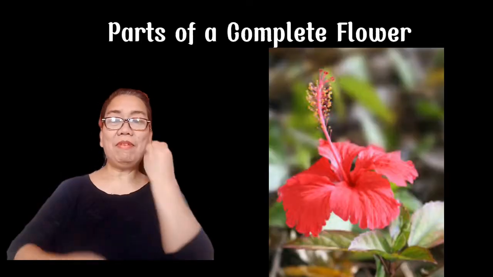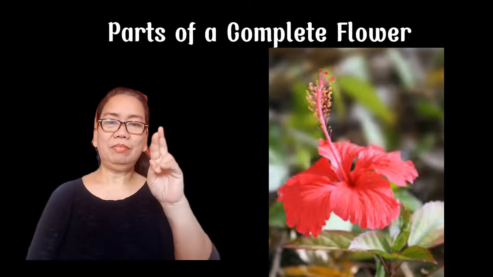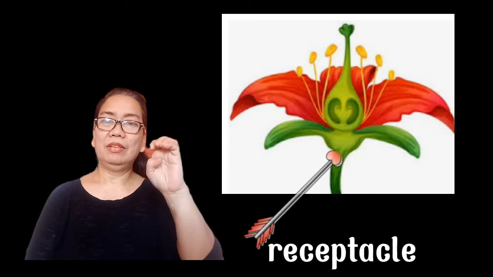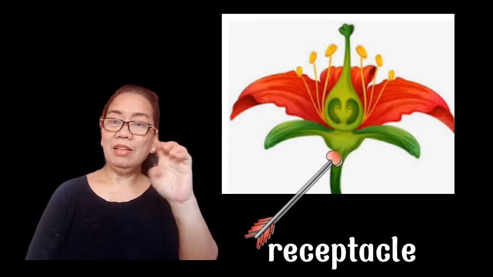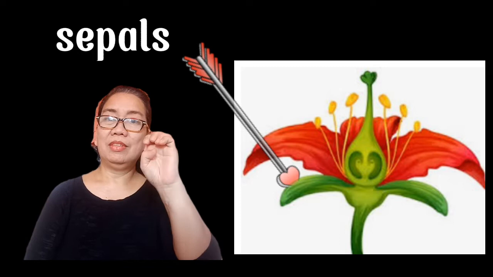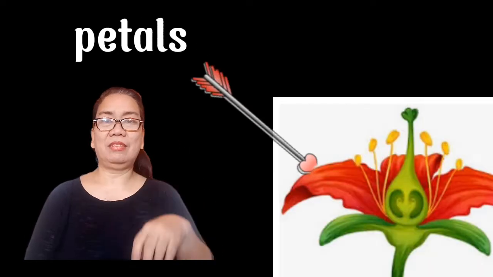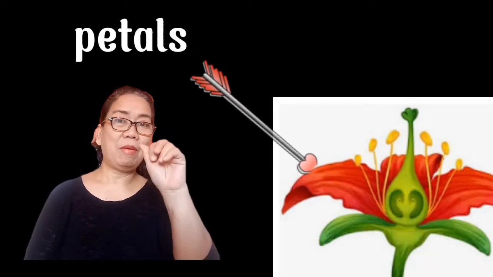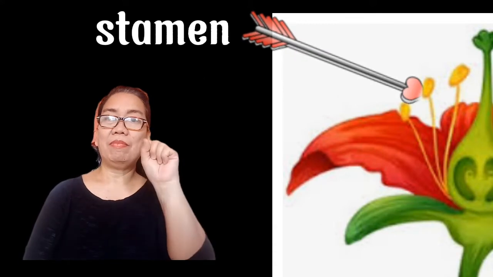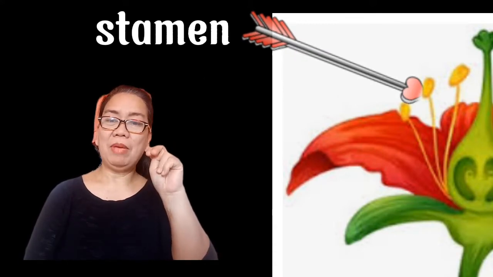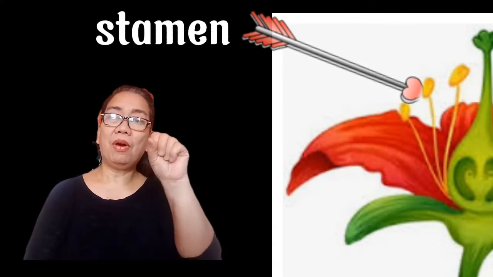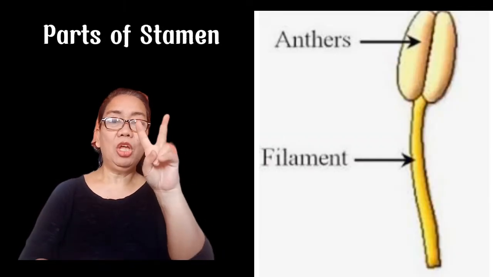A complete flower has receptacle, sepals, petals, stamen, and for stamen we have two parts.